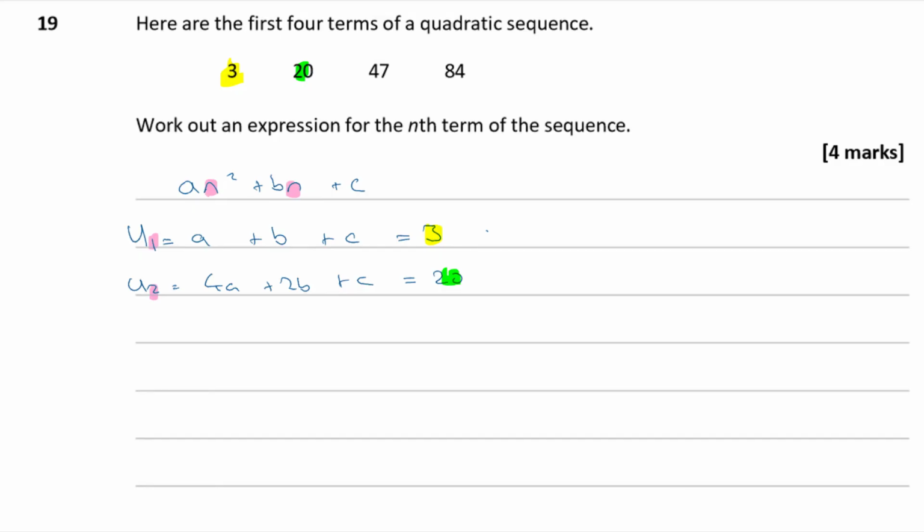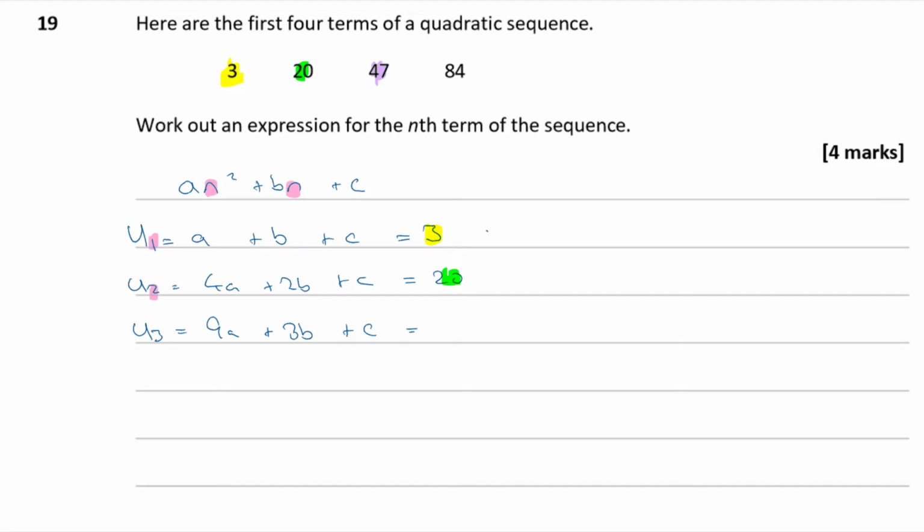And then the third term, because we need 3 if we want to find 3 unknowns: a times 3 squared is 9a, plus b times 3, 3b, plus c, and that's equal to this term over here, the 47.